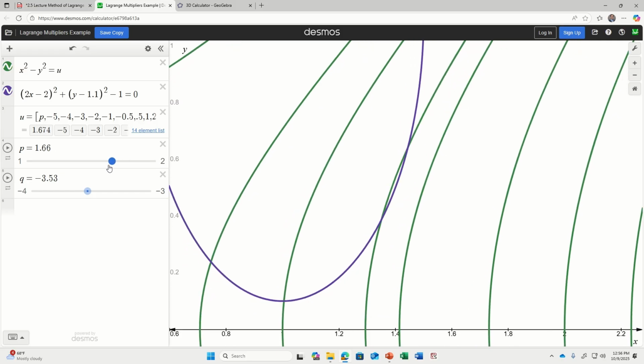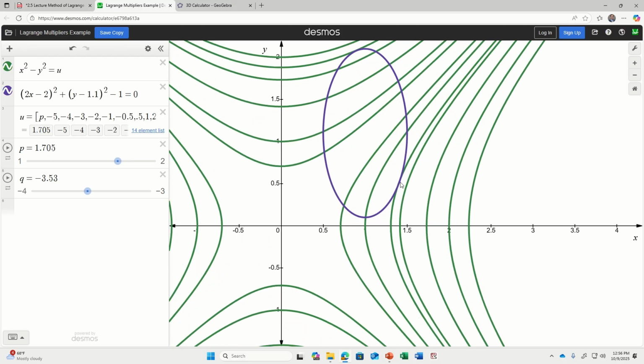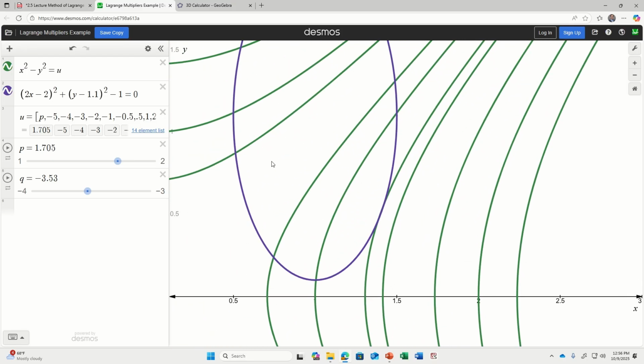I've got an adjustable part of my level sets right here. This one I can tweak to make the function value at the level set whatever I want, okay? So whenever I have this level set of my function intersect and is tangent to the purple curve, that is going to be the maximum of my function subject to the purple constraint.